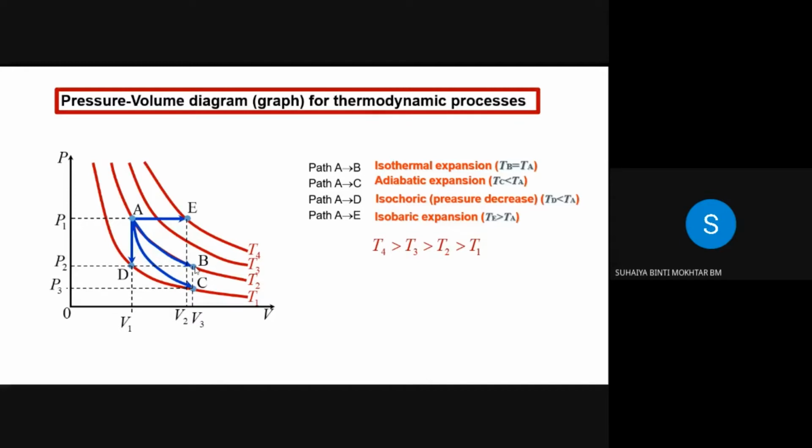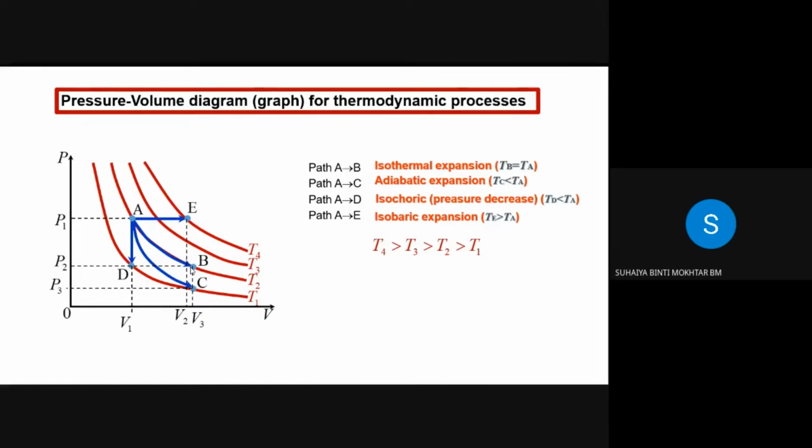Then look at the arrow. The arrow shows volume increasing from V1 to V3. So process AB is isothermal, and the work done should be positive because the volume increases.